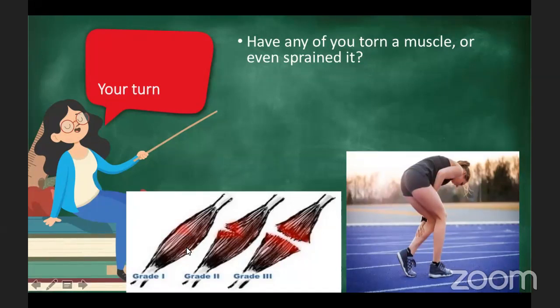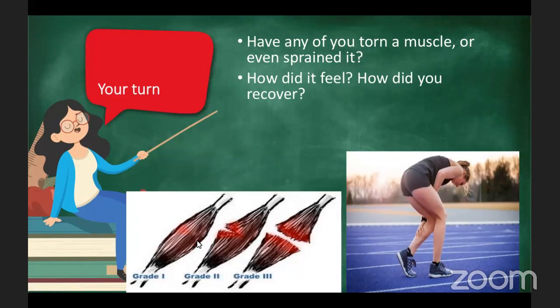Let's look at this picture here with grade 1, grade 2, and grade 3. Before your muscle can be fully torn apart, it starts with grade 1. As you can see, in grade 1 you'll feel a little bit of pain, and as the pain proceeds to grade 2, it goes through different stages.